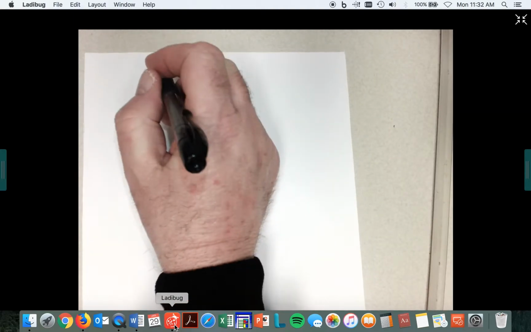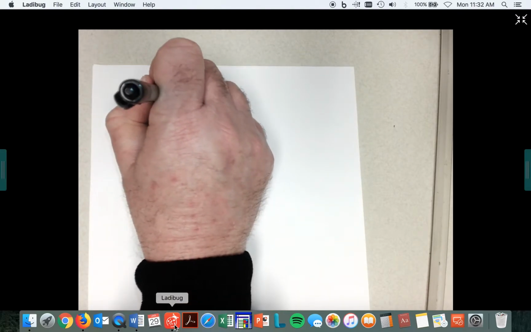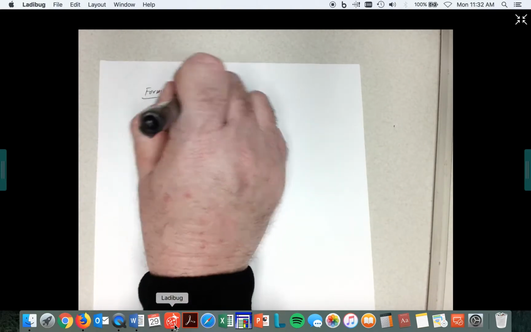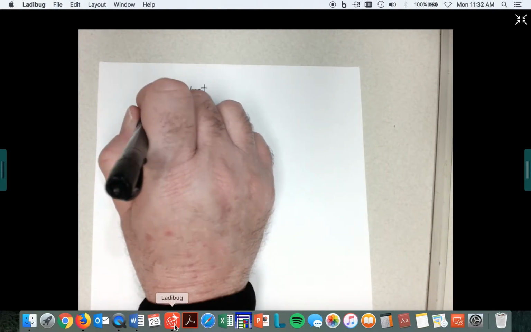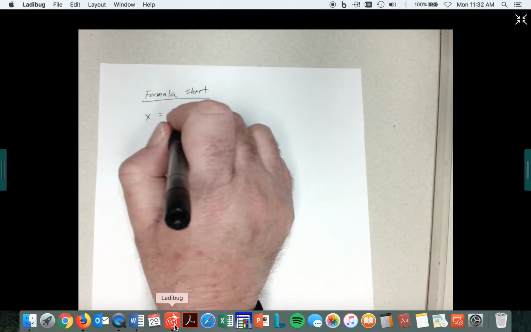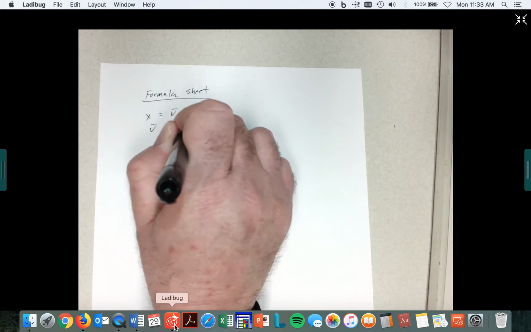So, since I got you on the hook, here are your equations for practically the entire test. Your formula sheet should contain these. x is equal to the average velocity times time, where the average velocity is equal to v naught plus v final divided by 2.